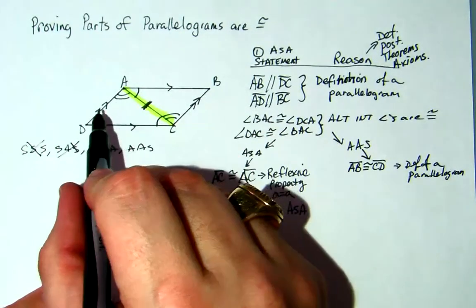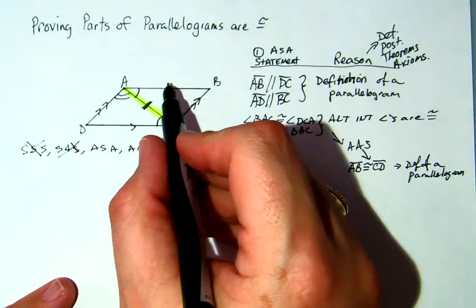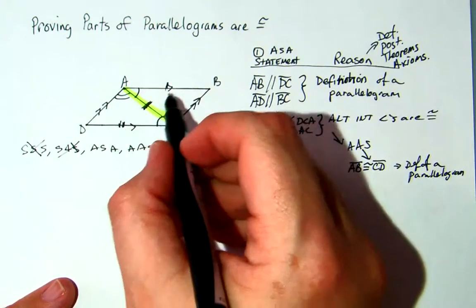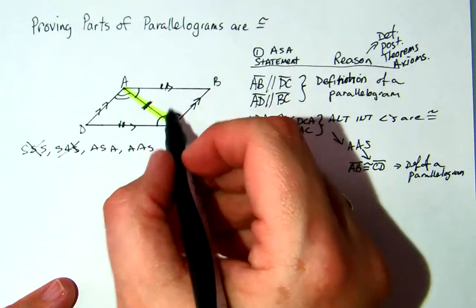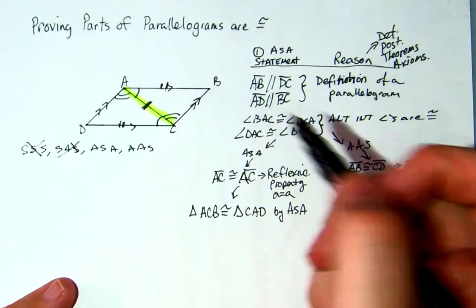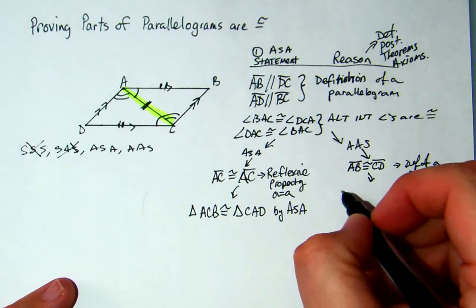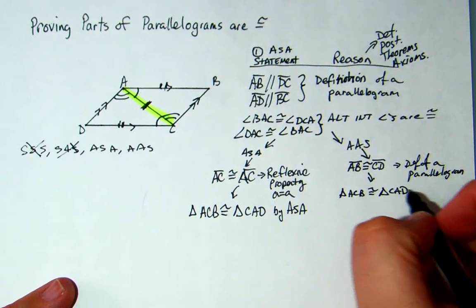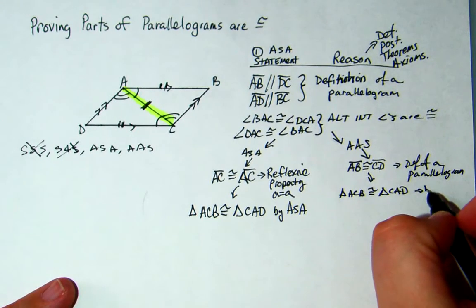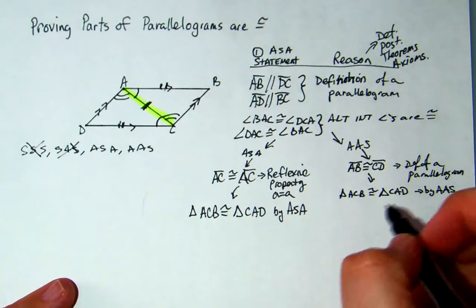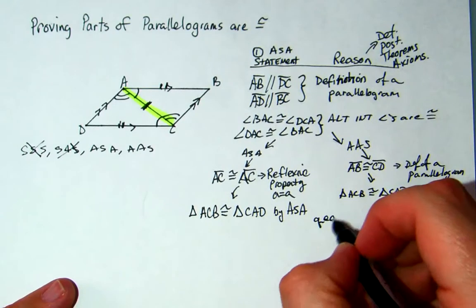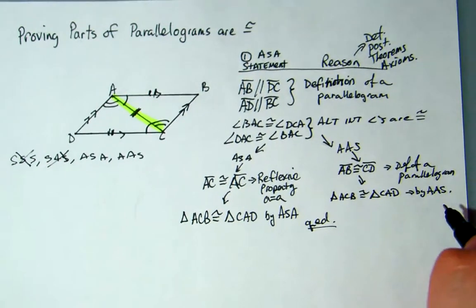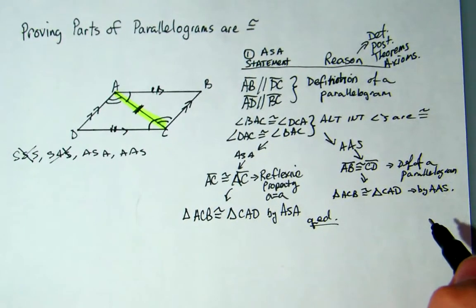And so we would have angle, angle, side. And from there we can say that triangle ACB is congruent to triangle CAD by angle, angle, side. And then we'll put a QED afterwards because we've proven that these triangles are congruent to each other.